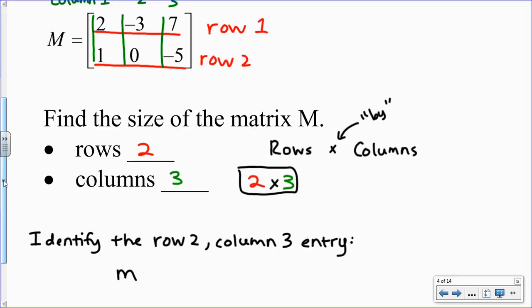So the whole matrix is capital M, lowercase for a specific entry. And I want the row 2, so as a subscript, 2, and then column 3, so comma 3. Those are subscripts. So if I want the row 2, column 3 entry, I go to the matrix. Row 2, column 3, that would be -5. So M 2, comma 3 is -5.